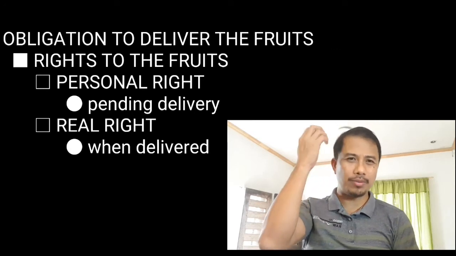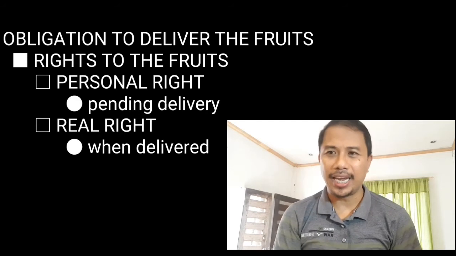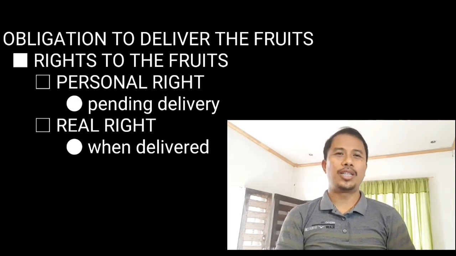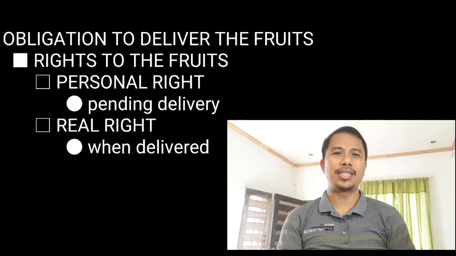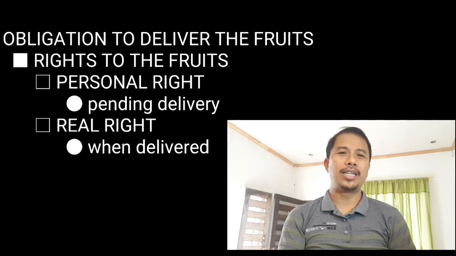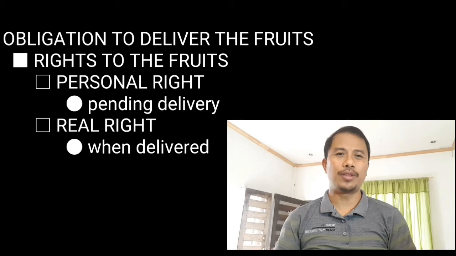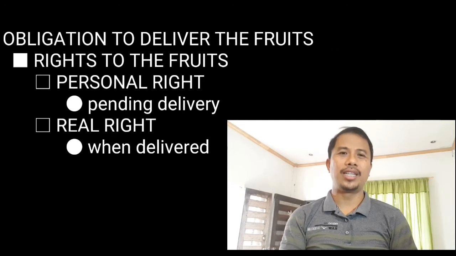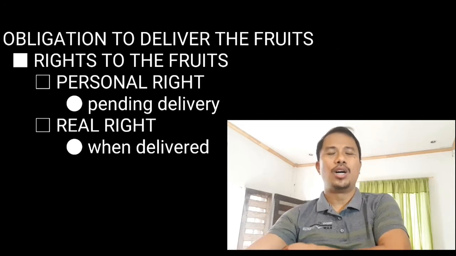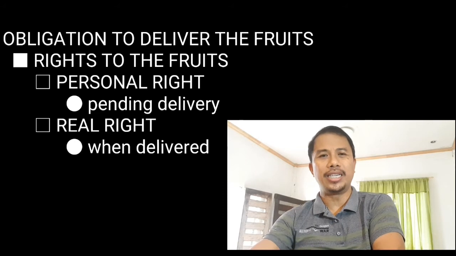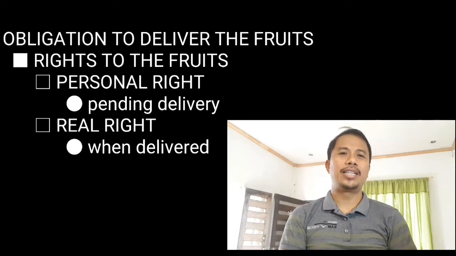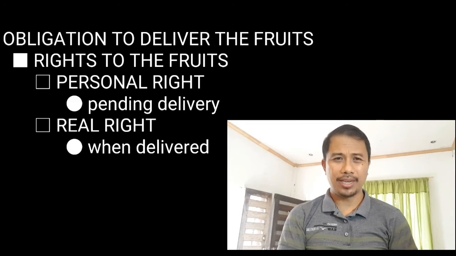So what is the difference between real right and personal right? You need to take note, guys, that when the thing is not yet delivered, what the creditor has over the fruits is only a personal right. But when the thing is already delivered, then what the creditor has over the fruits is already a real right. So let's distinguish now real right from personal right.